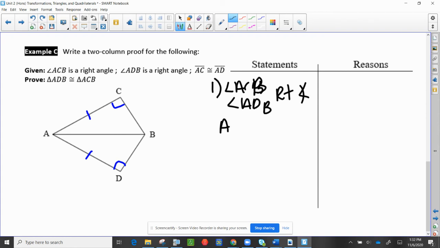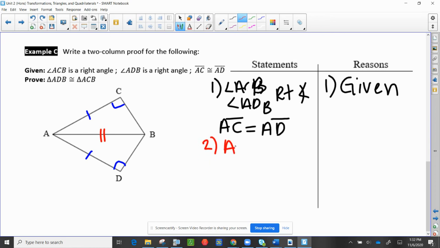And we also know that AC is congruent to AD. So our reason there, that is given. Now, are there any assumed properties that we have here? So remember, if it's assumed, mark it in your picture. So I can say there that AB is congruent to itself by the reflexive property.